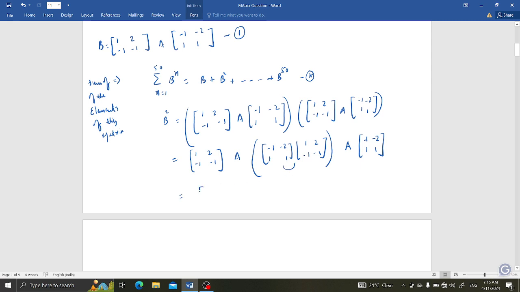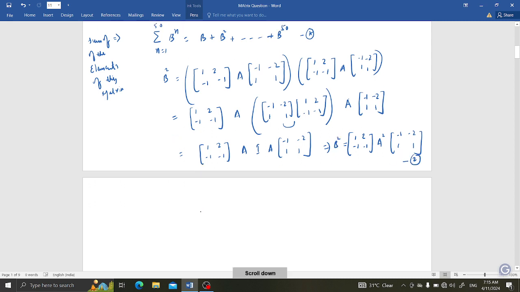You can observe 1, 2, minus 1, A, here we have I and A, and here minus 1, minus 2, 1, 1. So at the end the resultant is 1, 2, minus 1, A square, minus 1, minus 2, 1, 1. This is our B square; you can assume it is the second equation.